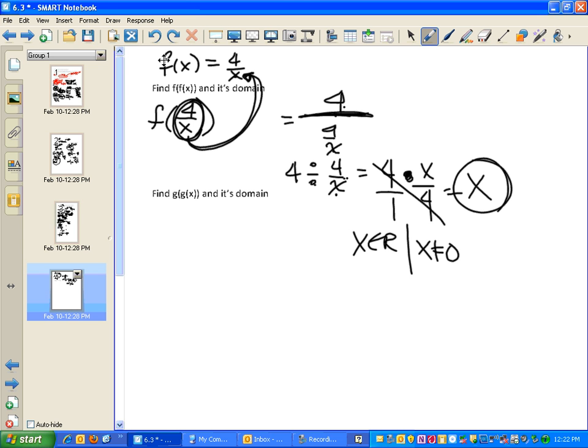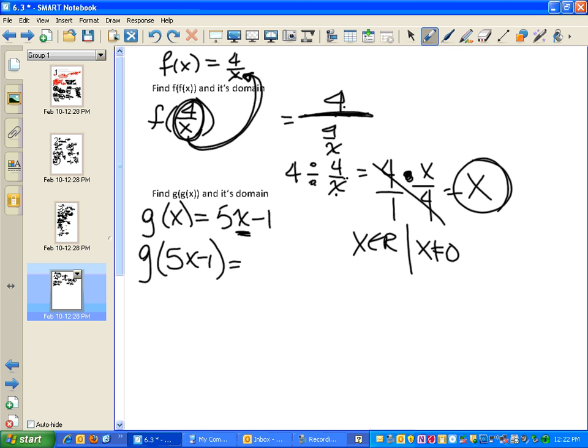Okay, let's try g of g of x. What is g of x? 5x minus 1. Okay, that means I want g of 5x minus 1, right? If I'm plugging, that's what g of x is, correct? So where is my x? Right here, correct?